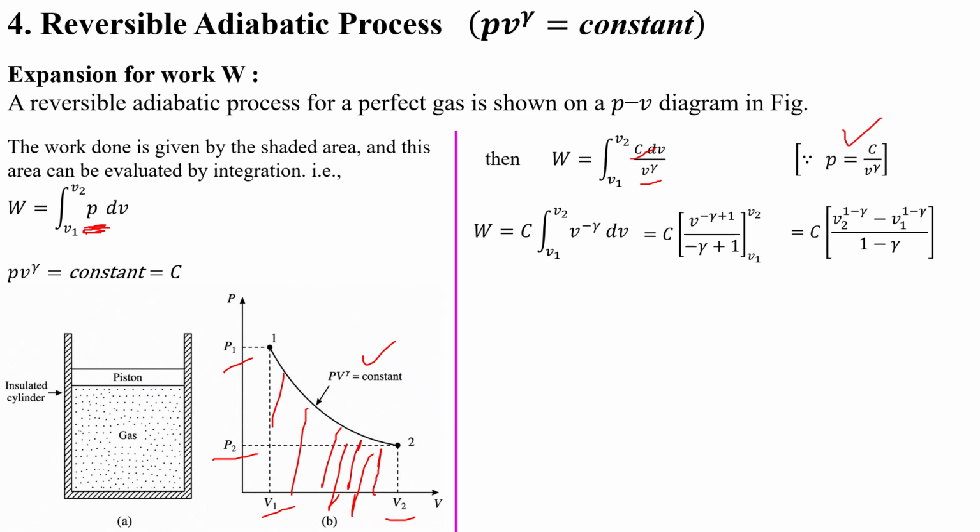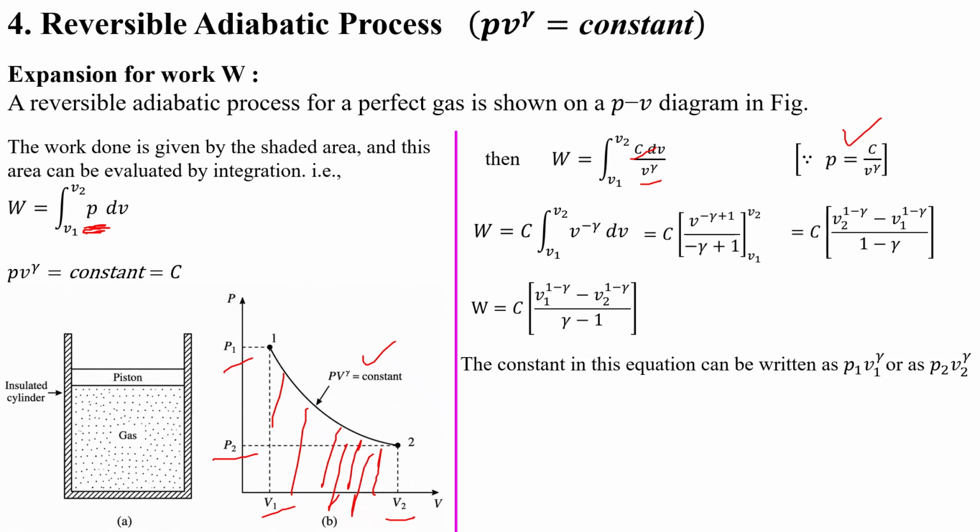Then finally W equals C times V2 to the power 1 minus gamma minus V1 to the power 1 minus gamma, divided by 1 minus gamma. So work done W equals C times V1 to the power 1 minus gamma minus V2 to the power 1 minus gamma, divided by gamma minus 1.